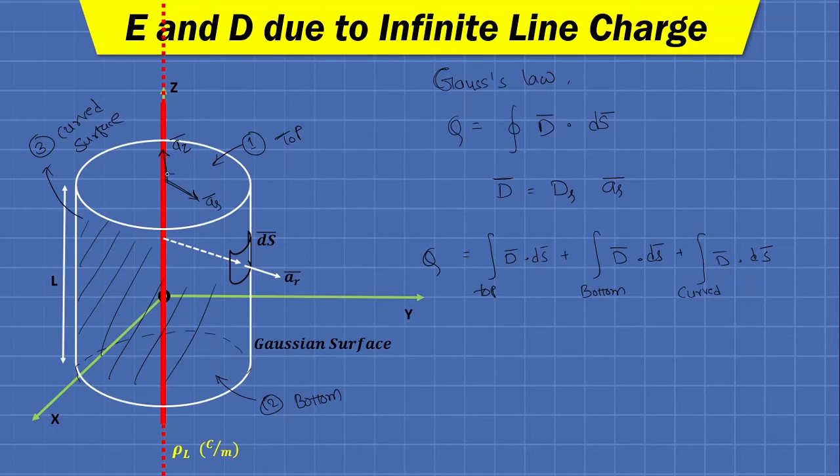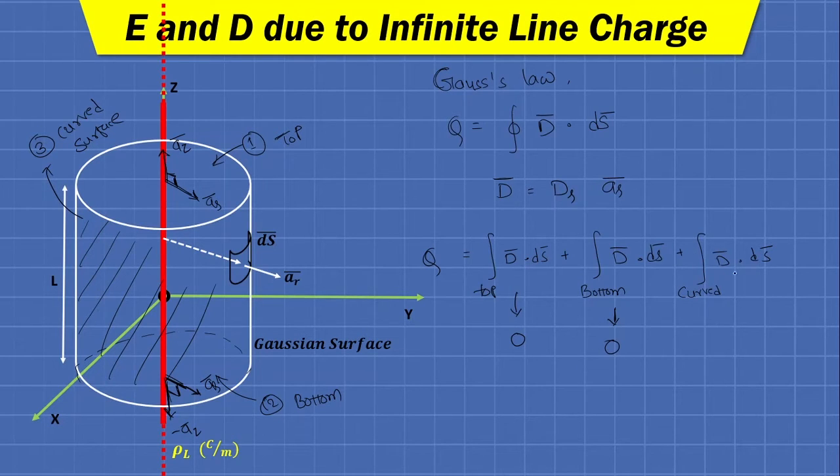So here you can clearly see the 90-degree angle, a right angle, so this dot product will turn out to be 0, because the angle between D bar and dS bar is 90 degrees. In the same way for the bottom surface, the direction of flux density will be radially outward and the direction of the bottom surface will be negative az bar. So here also a right angle is formed, and that is why this second term in the equation will also turn out to be 0.